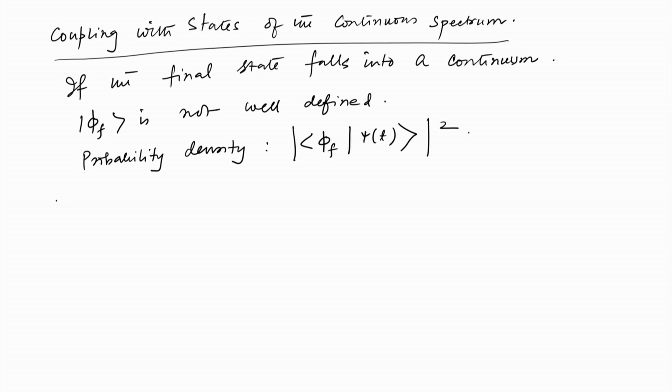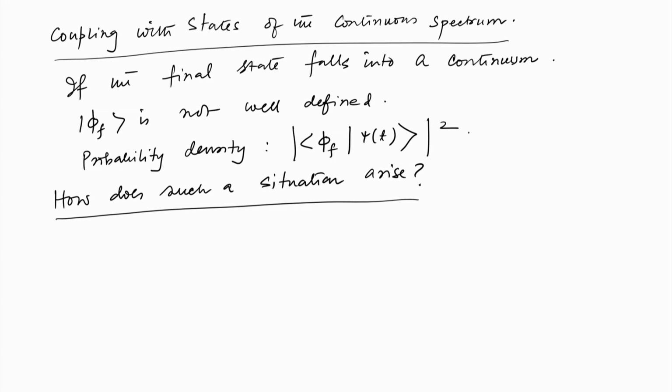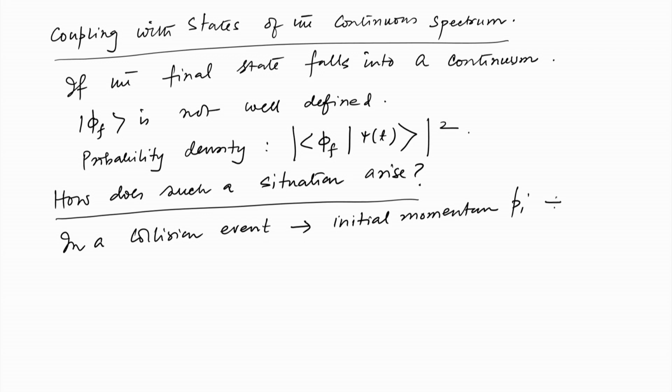And how does it arise? It arises, consider a collision event in which a particle with an initial momentum p I, which means that the energy E I equals p I square over 2 m, we are talking about a free particle, and this particle after the collision gets scattered onto a final momentum p f.